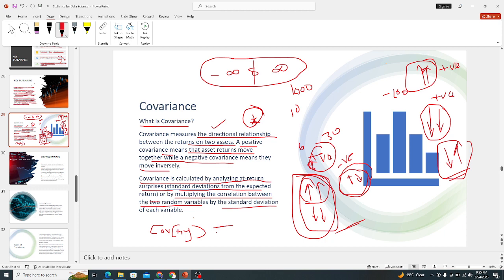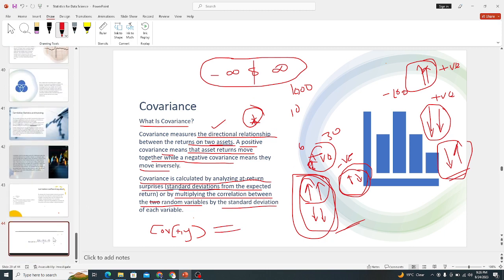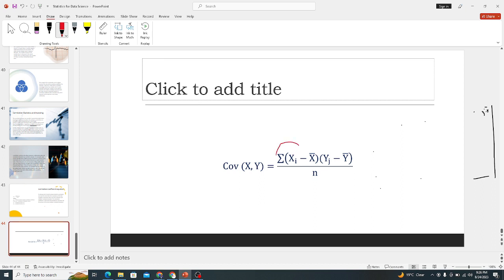The formula for covariance is given by the summation of products of the x deviations and y deviations, divided by n. You can see here we are taking xi minus x bar multiplied by yj minus y bar. So if you do the summation of both, then divide by n, you will get your covariance.